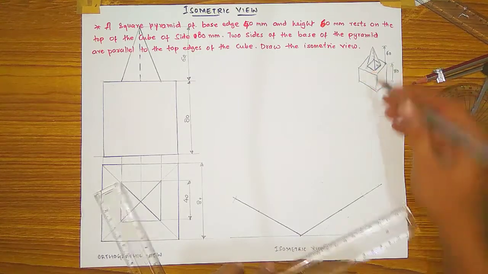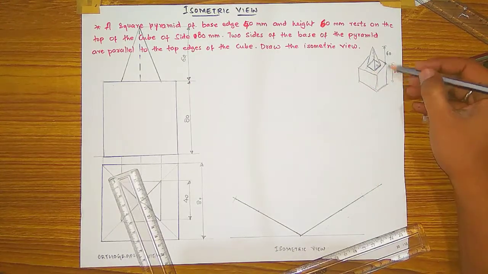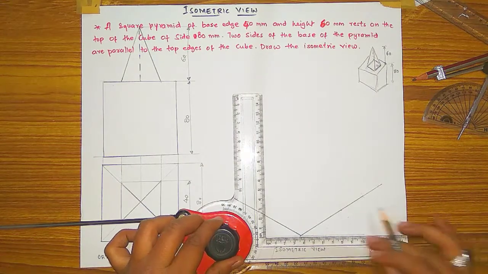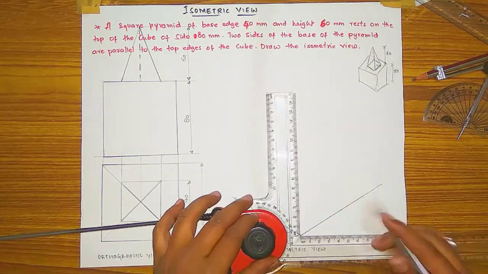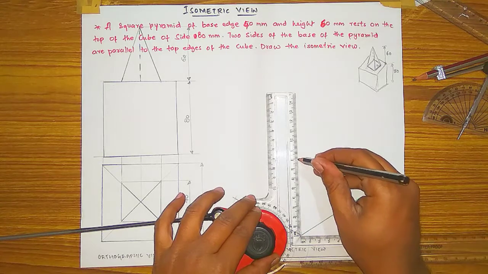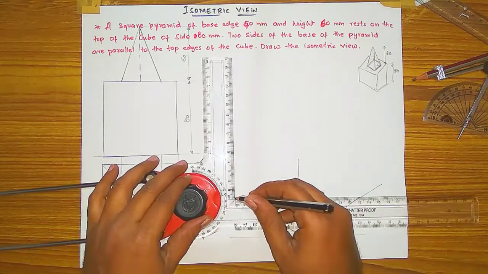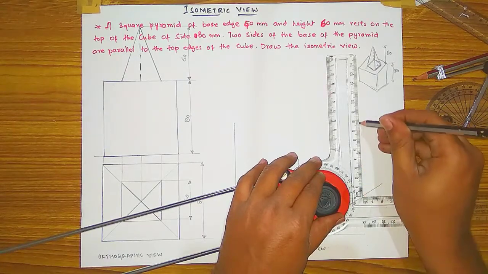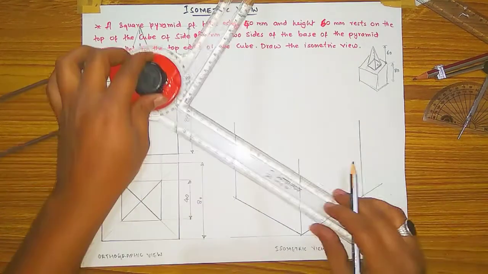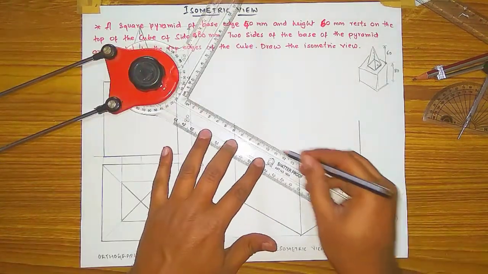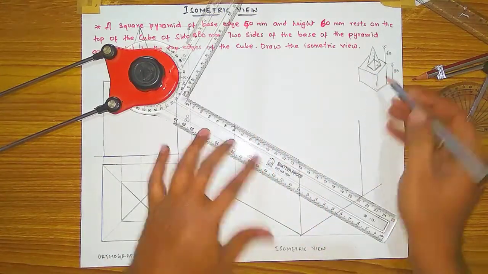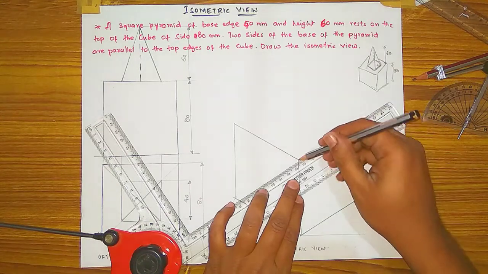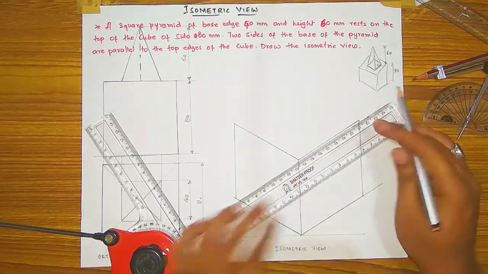Then the remaining three lines. The height of this cube is the same 80 mm. So adjusting your mini drafter with that line, from here you have to draw an 80 mm line like this. After drawing this, join these lines also, because these two lines you can also draw.